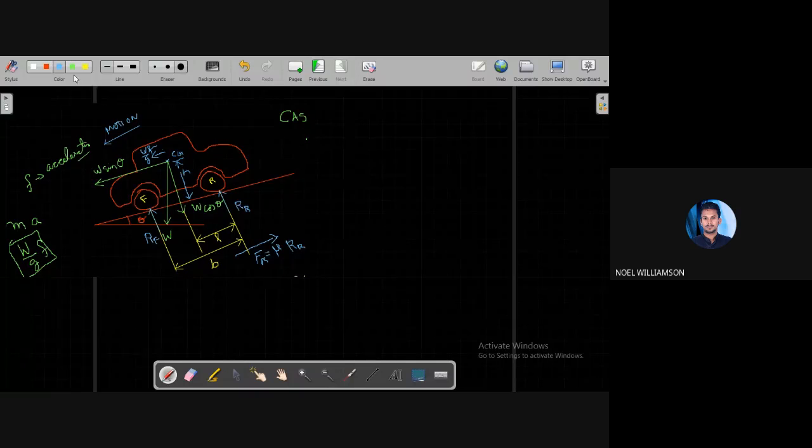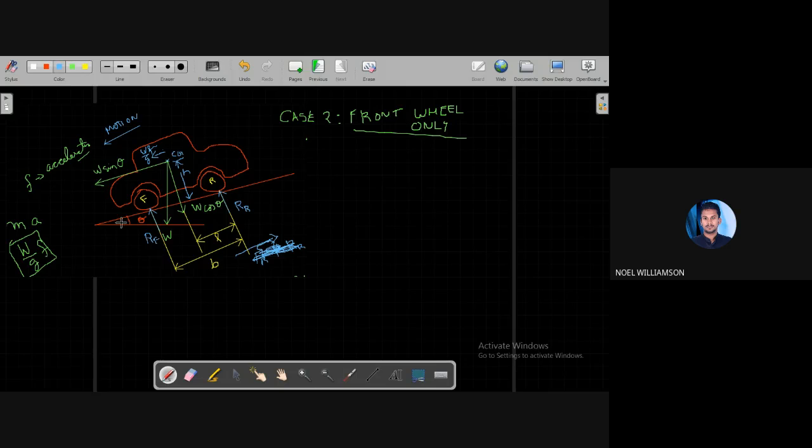Now we may see the next case, case 2, where the brake is applied only to the front wheel. In this case, the frictional force will not be there at the rear.